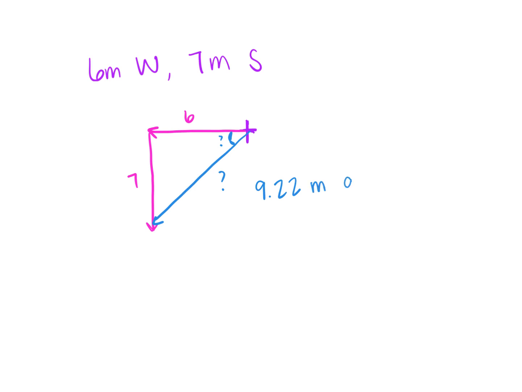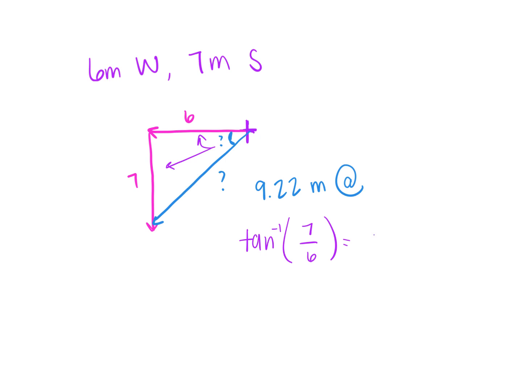9.22 meters at, and now I have to find the angle that goes with it. So in my calculator, I would do second tangent of the opposite side, which is 7, over the adjacent side, which is 6. So second tangent of 7 divided by 6.